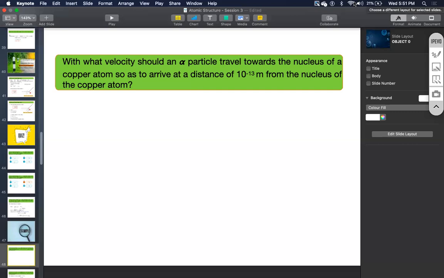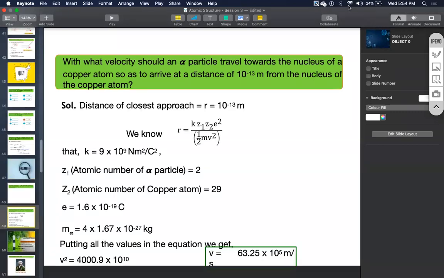Okay guys, I am showing you the solution now. This is the solution. The distance of closest approach r is 10 power minus 13, given. Substitute in the formula. The K value is given, Z1 is atomic number 2, Z2 is atomic number 29. 2 is for the helium particle, 29 is for copper.